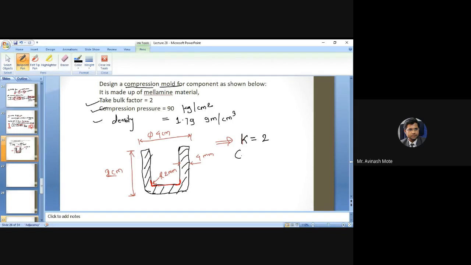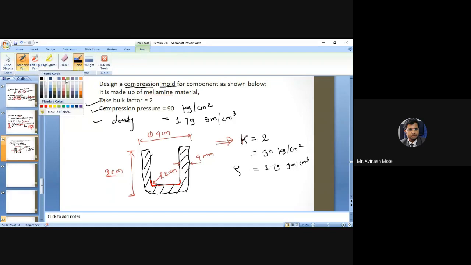Compression pressure, which we denote by Pc, is given as 90 kg per centimeter square, and density is given as 1.79 gram per centimeter cube. Very easy components. In your exam also this kind of simple components will be there. Getting it?